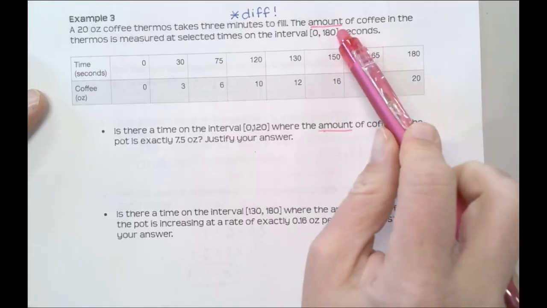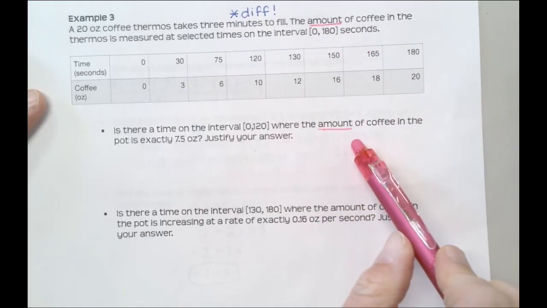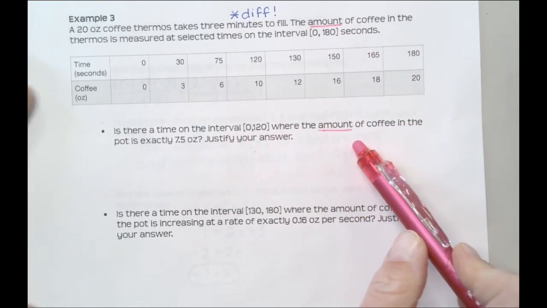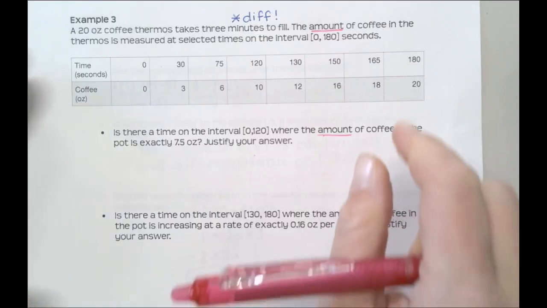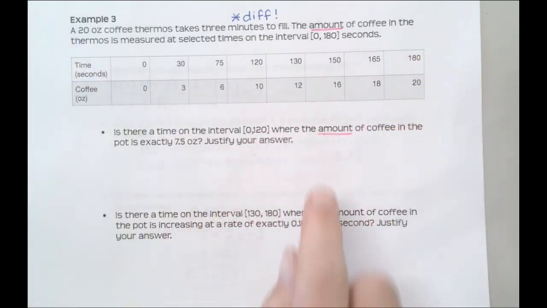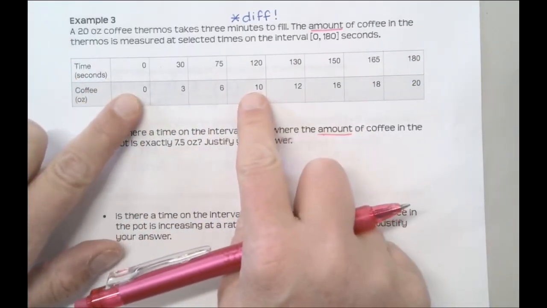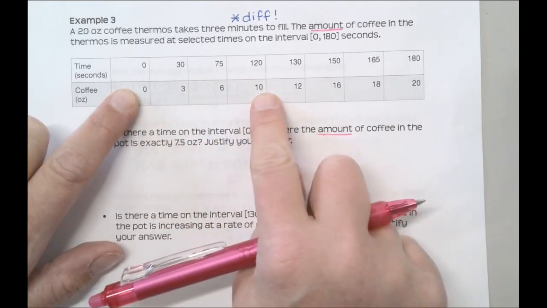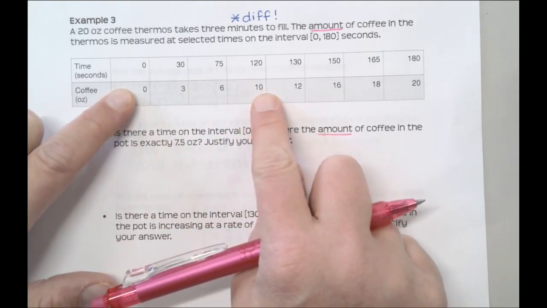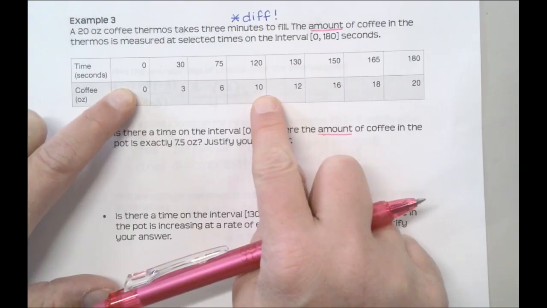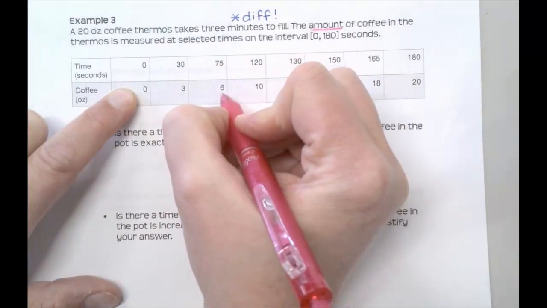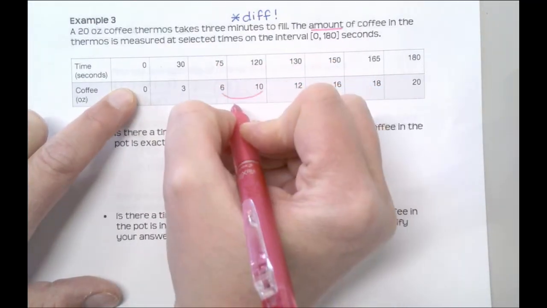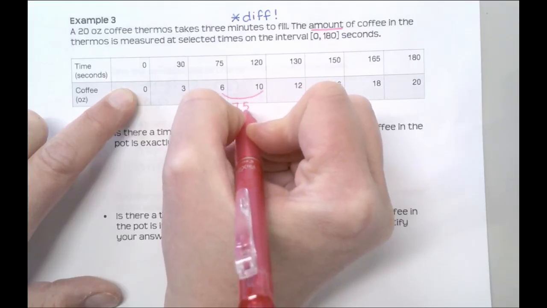When you're looking at the amount and you're being asked about the amount, there's no calculus involved, okay? You are just looking at these values and saying between 0 and 120, does there have to be a place where the number of ounces is exactly 7.5? And I hope your brain is telling you yes, right? In between 6 and 10, we have to have crossed 7.5.